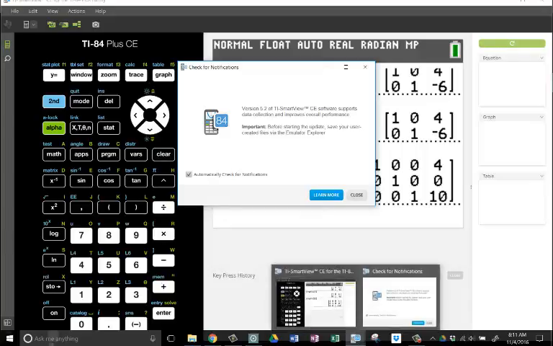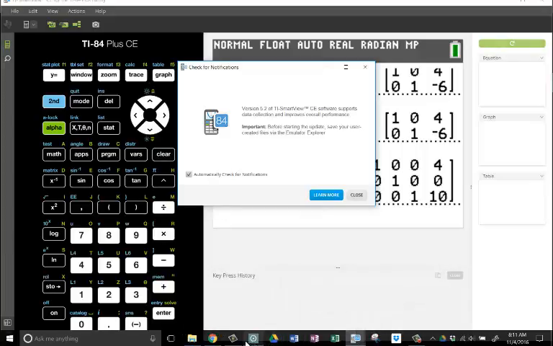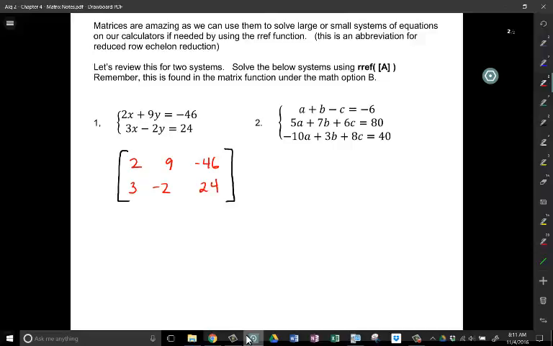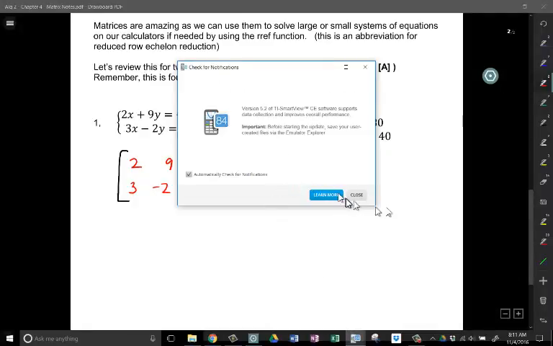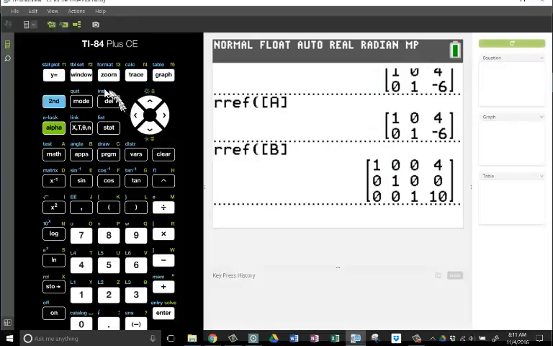And then what's our other one again? 3, negative 2, 24. Oh, negative 46. Sorry, I missed that last number. It's up on the board there. So go, once again, to second matrix, and I'll go slow here.